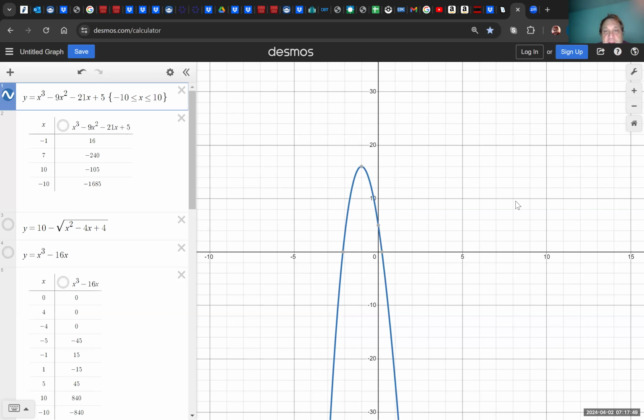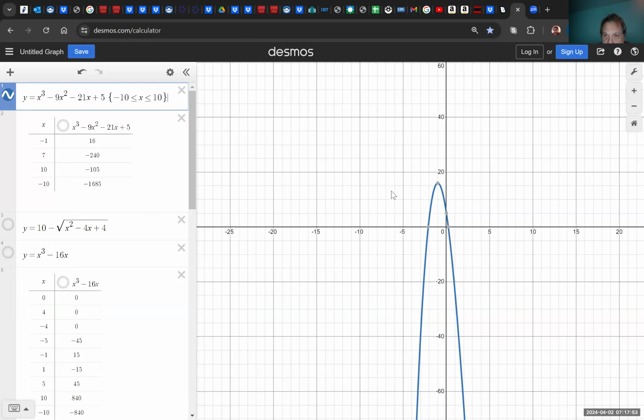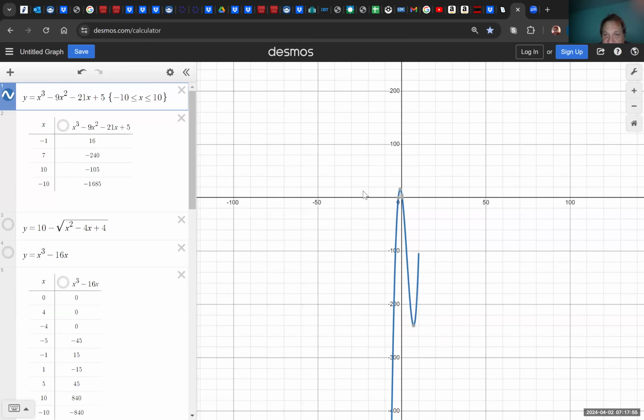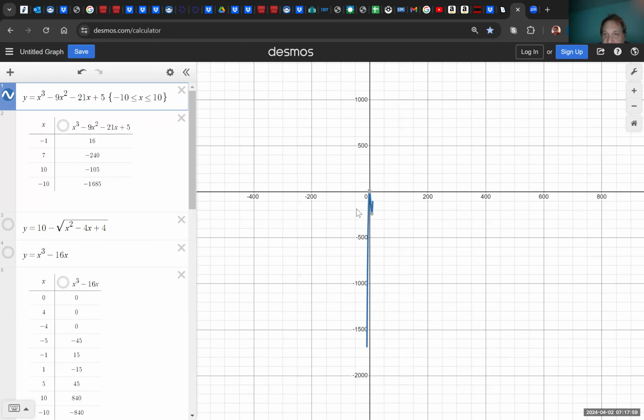So now when I scroll out, I need to change the window settings because I can't see anything anymore. When I just zoom in and zoom out, it does everything proportionally, and that's just going to be ridiculous. The x values only need to go between -10 and 10. They don't need to go between -600 and +800.